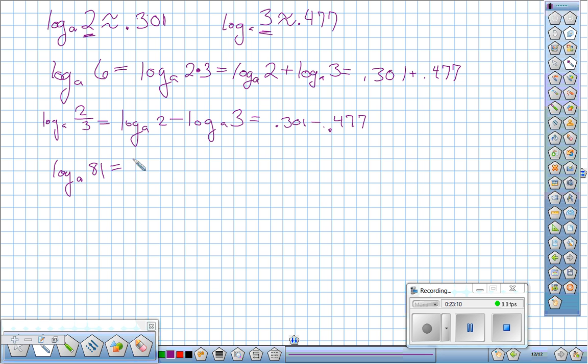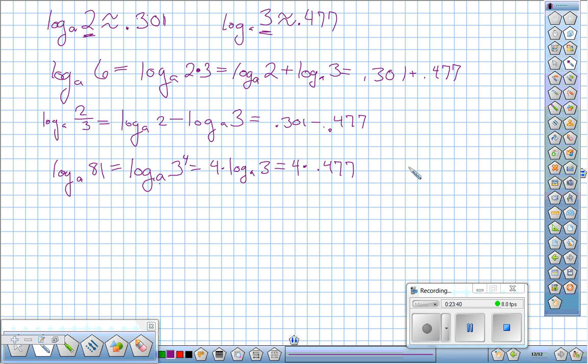I'm going to rewrite 81 as 3 to the 4th power. You guys can play around and figure out what power it would have to be. So then I bring that 4 out front, and I have 4 times log base a of 3. I then take 4 times 0.477.